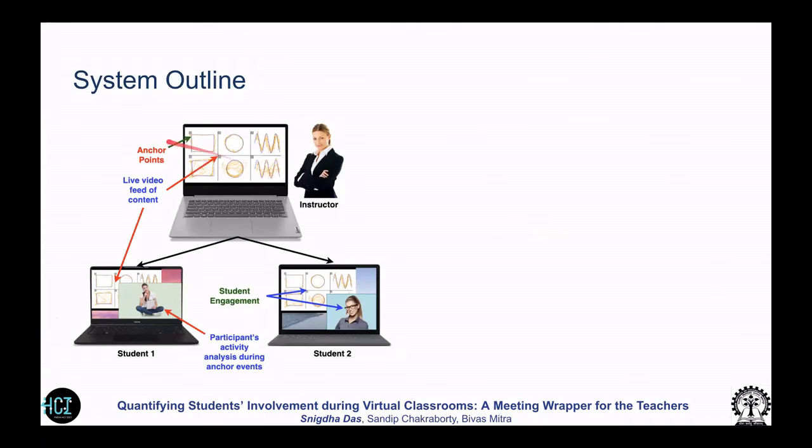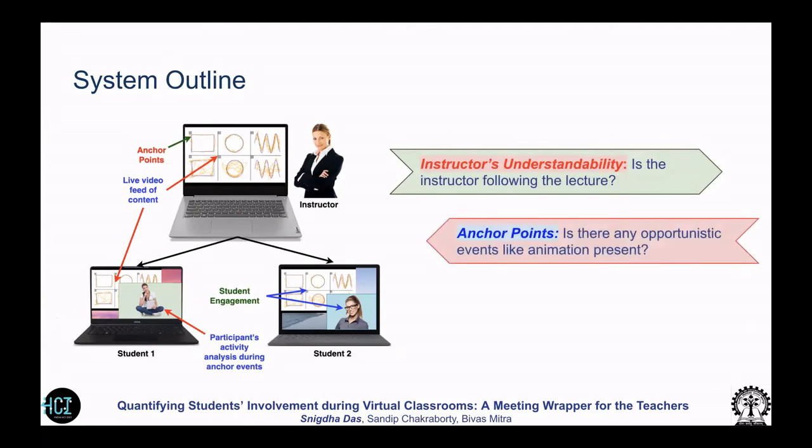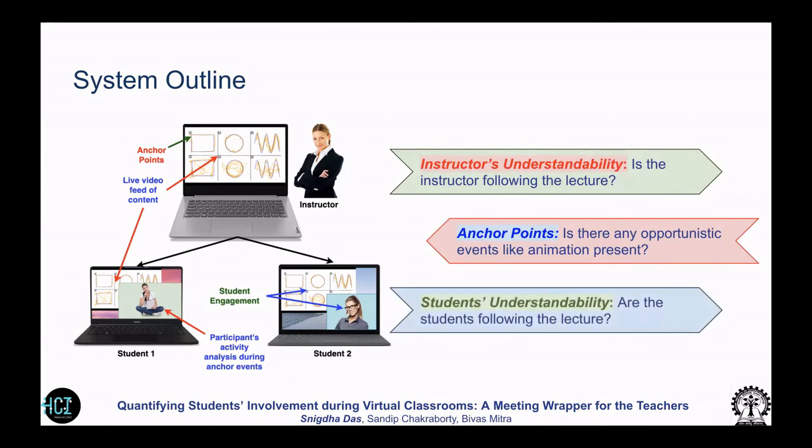Firstly, the instructor's presentation video and the instructor's and the students' facial videos. The system first checks whether the instructor is following the lecture, then identifies the opportunities or anchor events, and finally detects whether the student is following the lecture.